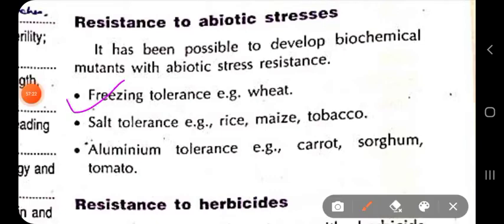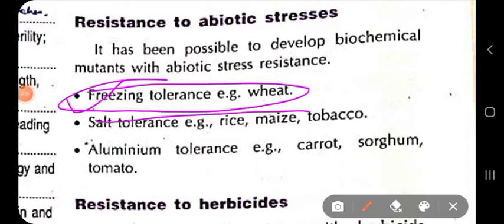Wheat is nowadays cultivated in cold countries as well, but that wheat we are getting through tissue culture, through somaclonal variation, by testing that wheat callus or the protoplast that we obtain from the culture conditions in freeze conditions.